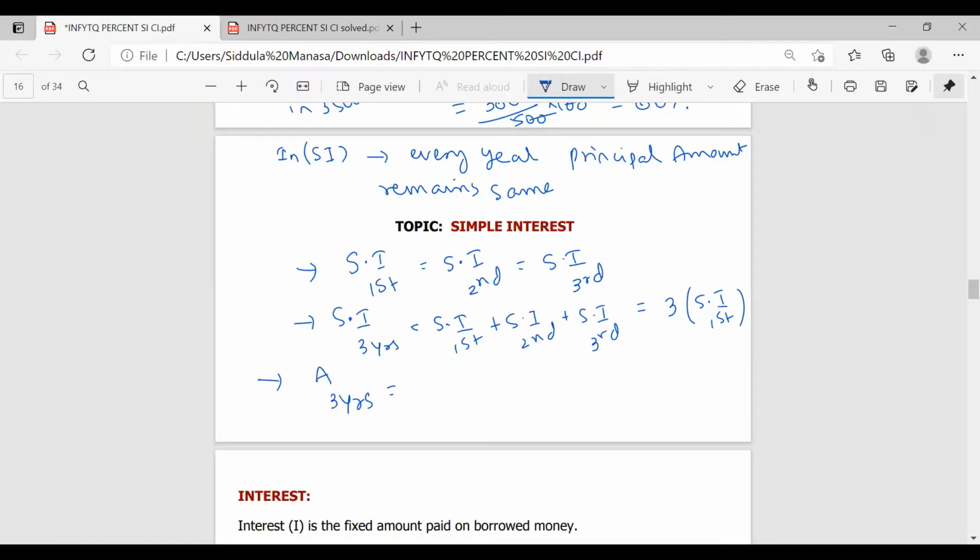You receive the principal amount which is lent, and also the extra amount. The extra amount is simple interest for 3 years, so the amount is principal plus 3 times simple interest for the first year.